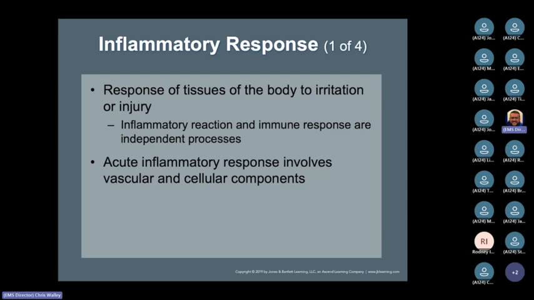Histamine and serotonin increase vascular permeability, cause some vasodilation, and can cause some constriction, nausea, and vomiting. Mast cells also synthesize leukotrienes and prostaglandins. The different plasma protein systems are the complement system, the coagulation system, and the kinin system. That would be K-I-N-I-N system.